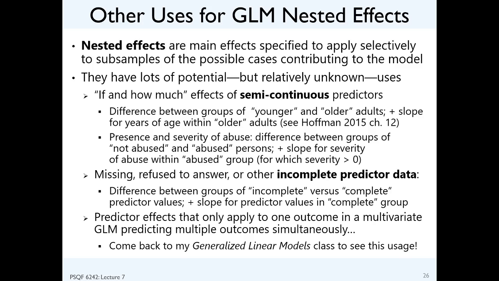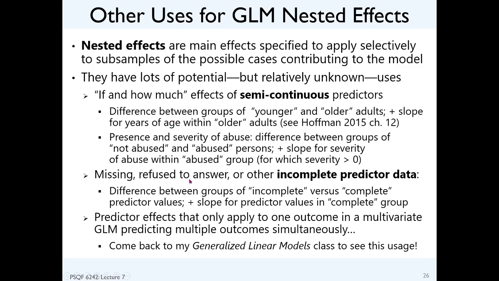So one way to address this type of heterogeneity is to have a variable that captures, did you get a 0 or anything above a 0? Anything above a 0, then you're in the at least somewhat abused category. So you could have a mean difference for abused versus not abused, and then within the abused persons, have a nested effect for severity. And so then you can distinguish amongst levels of abuse in addition to presence or absence of abuse as a predictor.